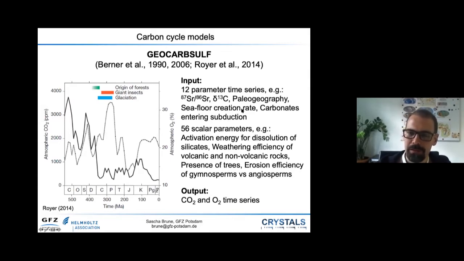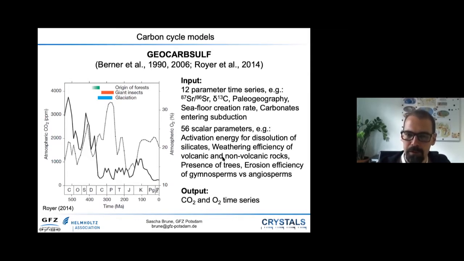Seafloor creation rate is the one that represents tectonic contributions, and it's only one, and this is a big shortcoming of these kinds of models, I think, and Sabine will probably agree, because there are many components of the tectonics contribution to the carbon cycle. Then there are some other scalar parameters that I just mention to show the breadth of the disciplines that are integrated into these carbon cycle models.